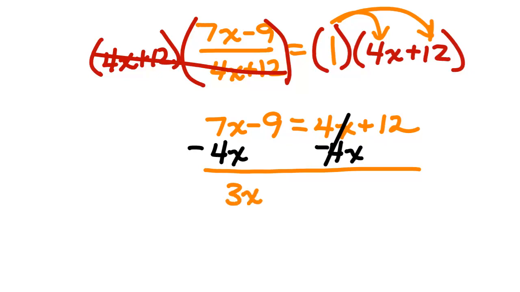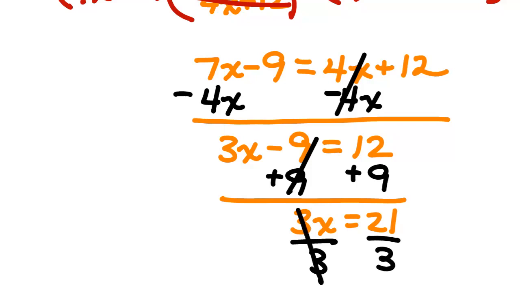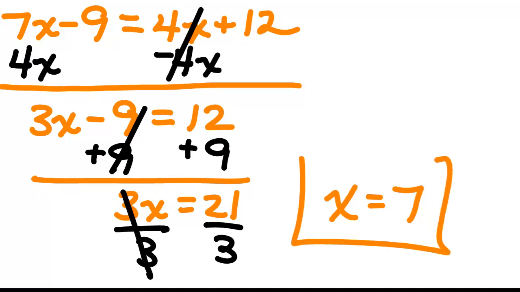That would give me 3x minus 9 equals 12. Then I would add 9 to both sides. What is 12 plus 9? 21. So 3x equals 21. And then I divide both sides by 3. And I get that x is what? X is 7.